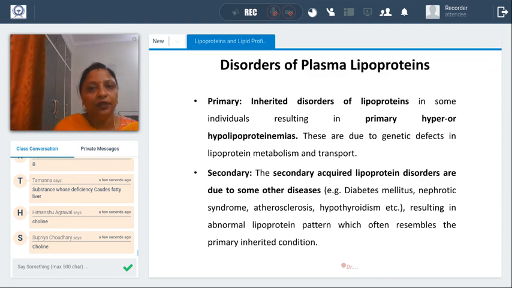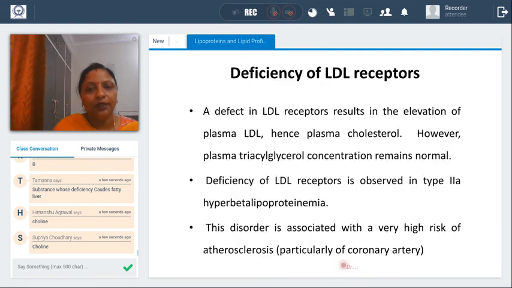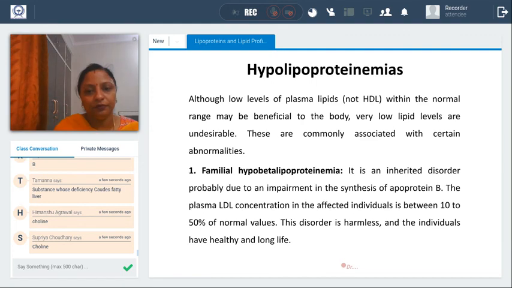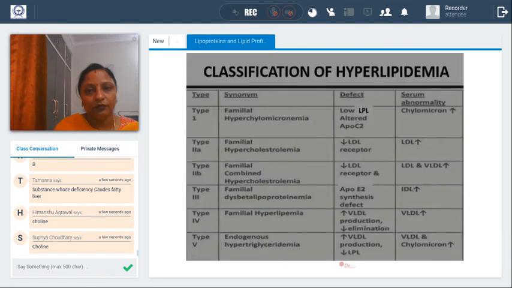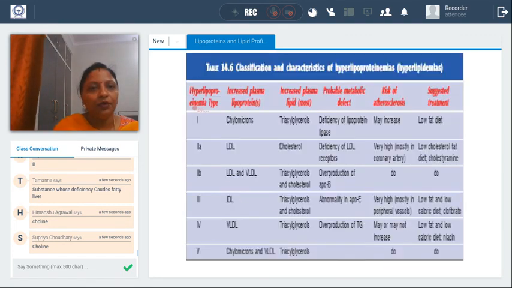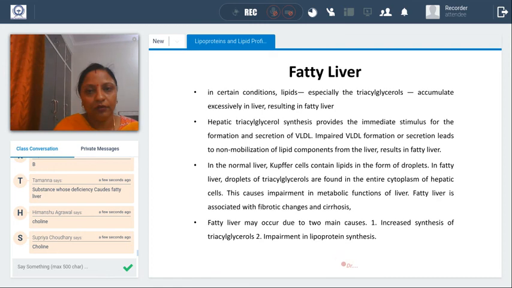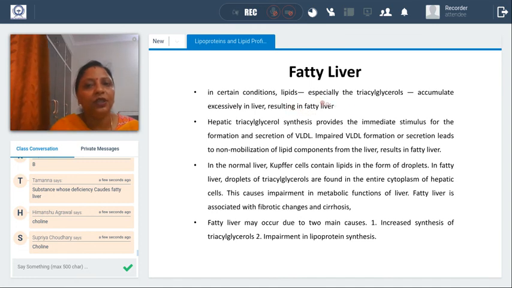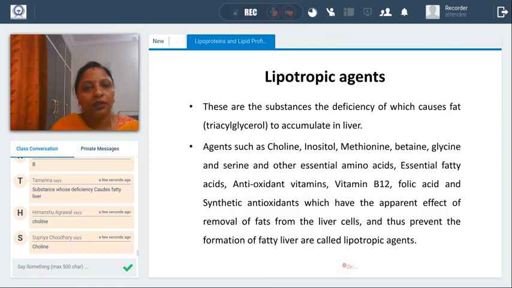Disorders of plasma lipoprotein, primary and secondary. You can see here hyperlipoproteinemias 1, 2A, 2B, 3, 4, and 5. And this is fatty liver. What is fatty liver? Fatty liver is the condition when lipids, especially TGs, accumulate excessively in liver due to increased synthesis of TGs and impairment in lipoprotein synthesis.